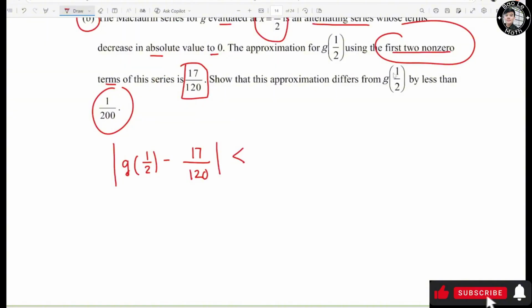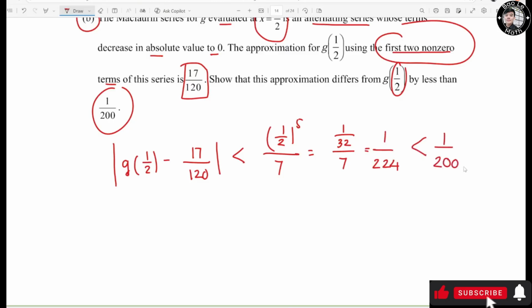But s equals 1/2, so I have 1 over 2 to the fifth, over 7. So it can be 1 over 32 over 7, which turns out to be 1 over 224, which is less than 1 over 200.